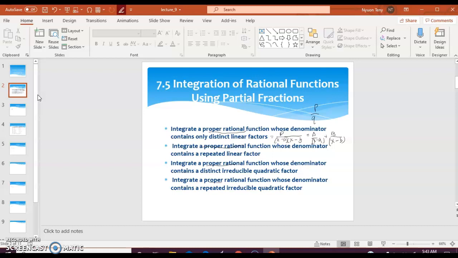Also, there is a certain way of decomposing a function that has a linear repeated root.